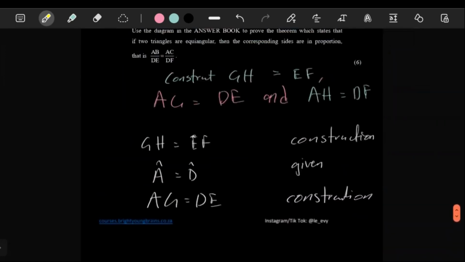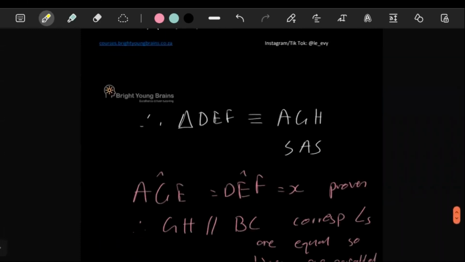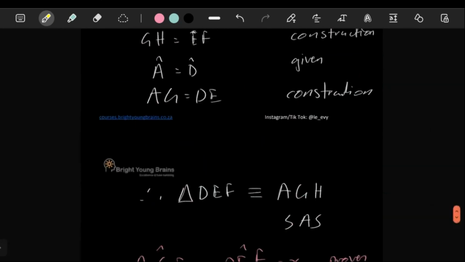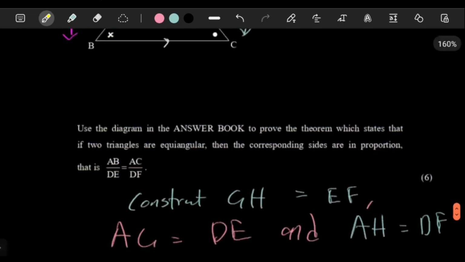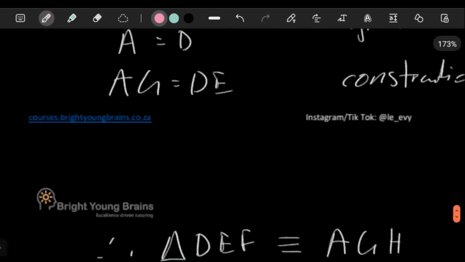Now, here what we know is, with this being said, you can then state that we know that AG is equal to DE. Let me see here, what are we trying to do? We have AB up here, we have AC up here. The only thing is, down here we have DE, down here we have DF.